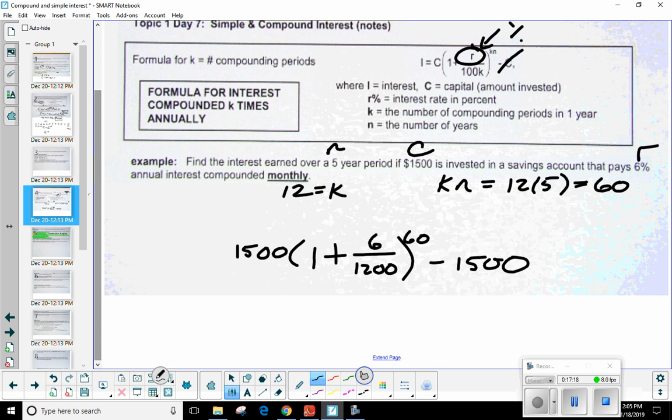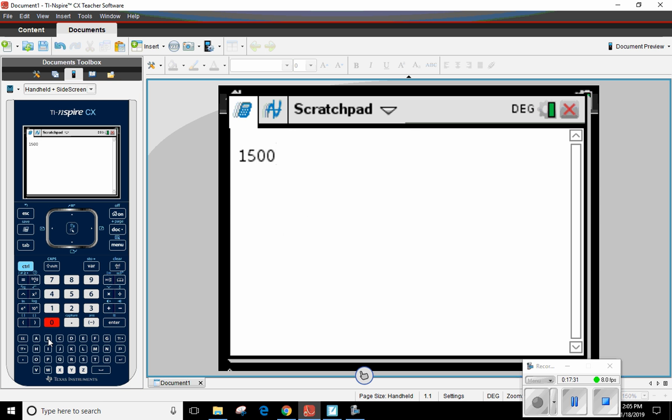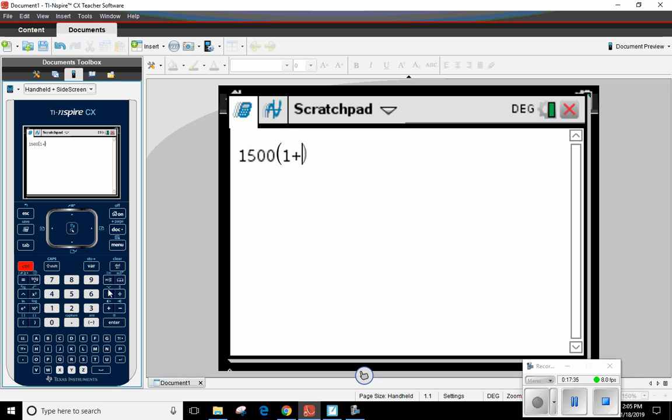All right, and then it's just a matter of typing that in and seeing how much interest we've got. Okay, so I'm going to do this over here. It's probably going to go a lot faster. Document B. 1,500 times 1 plus, okay, so control divide. We got 6 over 1,200.